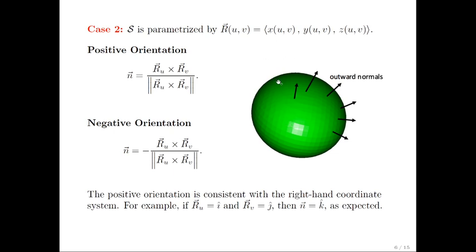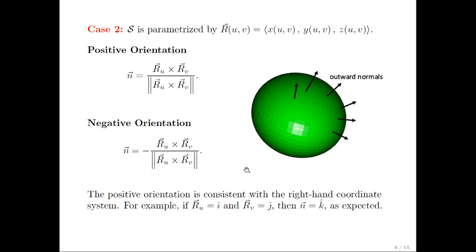In that sense, r_u cross r_v would give us the positive orientation. But in some cases, for example, at a point where r sub u is j hat and r sub v is i hat, to get an outward vector, a k hat, instead of using r_u cross r_v, I have to use r_v cross r_u.